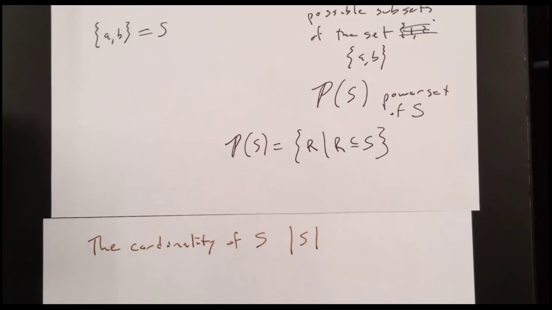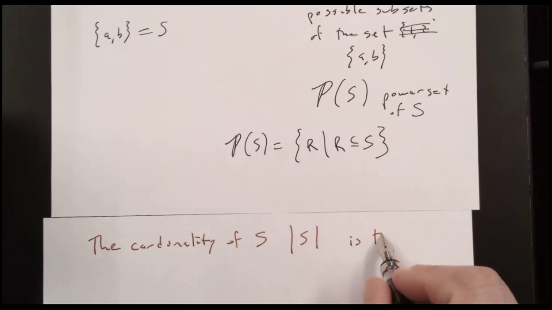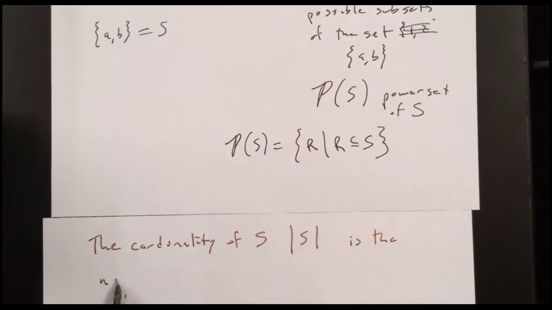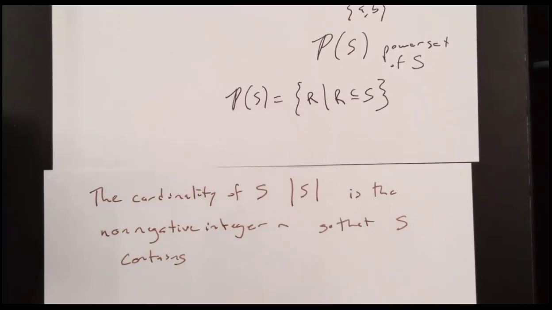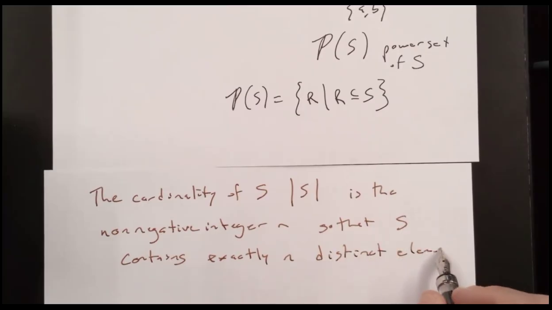For any given set, we talk about the cardinality of the set S. We use absolute value bars, but this is really talking about size. The cardinality of S is the non-negative integer n so that S contains exactly n distinct elements.